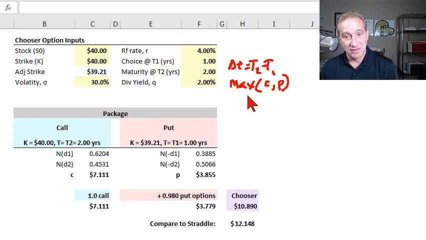That's really the definition of the chooser at T1. We're going to select a call or a put, so the value of it is the max of the call and the put. Then the insight that we can rely on, conditional on both being European options with the same strike price, is that we can use put-call parity to substitute for the value of the put.